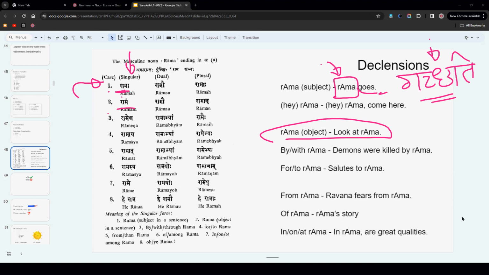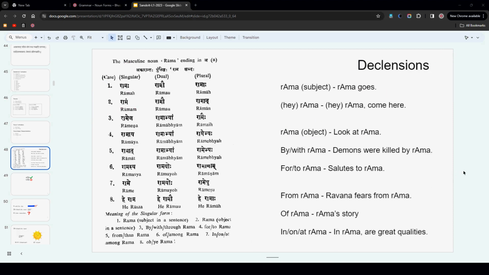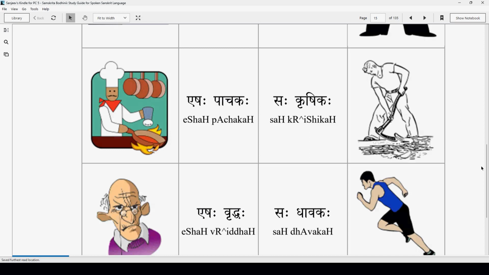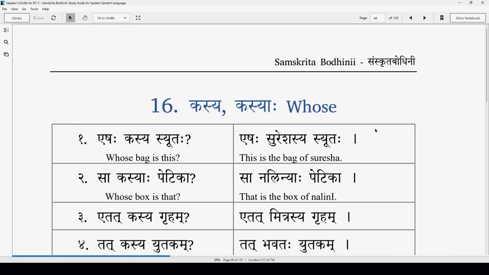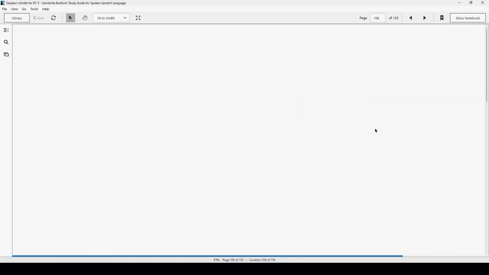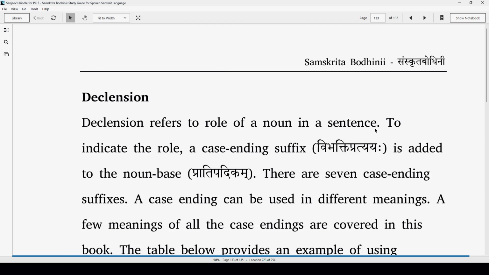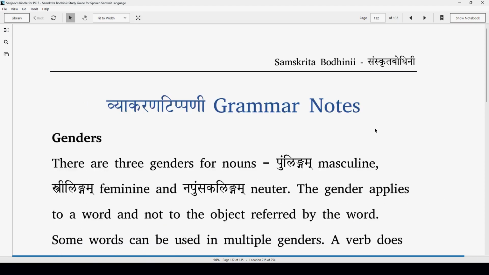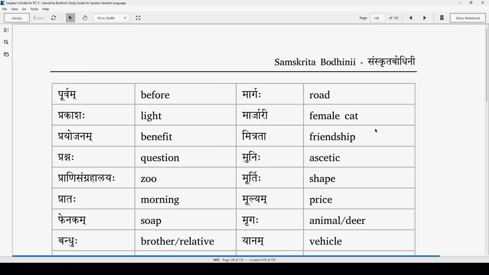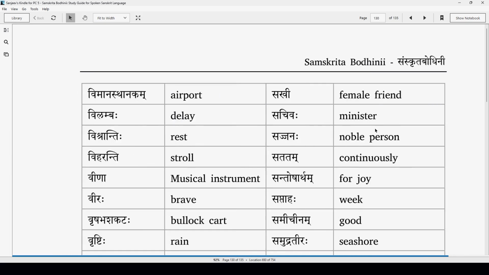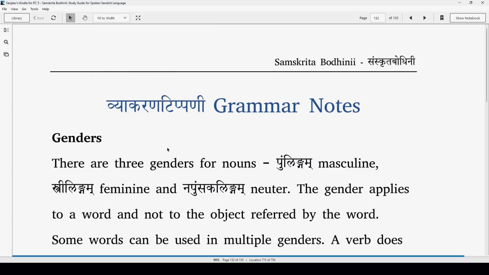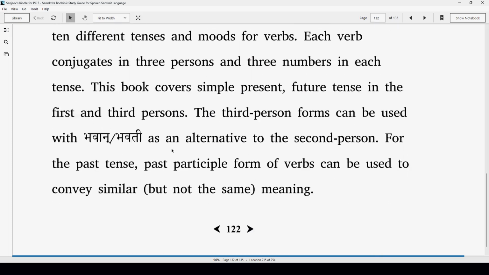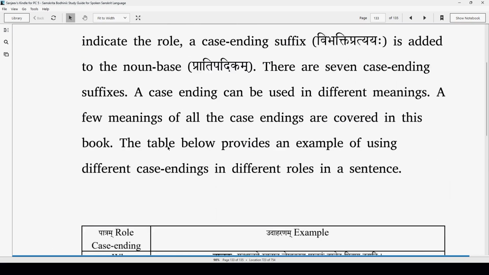Okay, so let me see. I think in the book, at the end of the book, there are some notes here: genders, numbers, tenses, kala, declension.